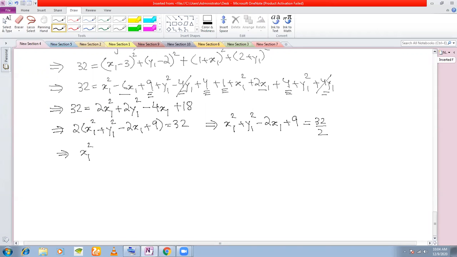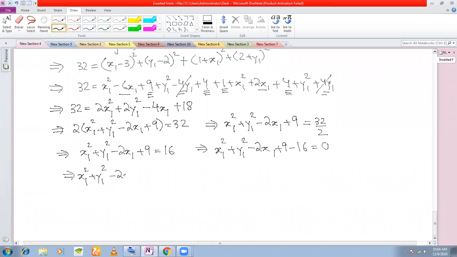That means you get x1 square plus y1 square minus 2x1 plus 9 is equal to, this is 16, right? That means you get x1 square plus y1 square minus 2x1 plus 9 minus 16 is equal to 0. That means you get x1 square plus y1 square minus 2x1 minus 7 is equal to 0. Okay, so you have got this.